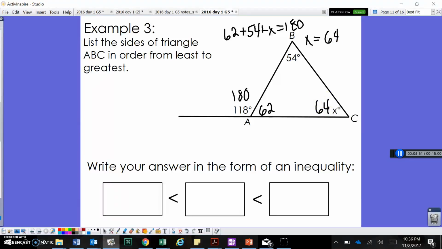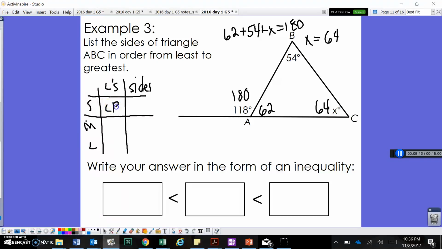And we actually have to draw our own box now. So we have small, medium, large, and we have our angles, and we have our sides. So my smallest angle is angle B, which is at 54 degrees. Alright, we draw a line.